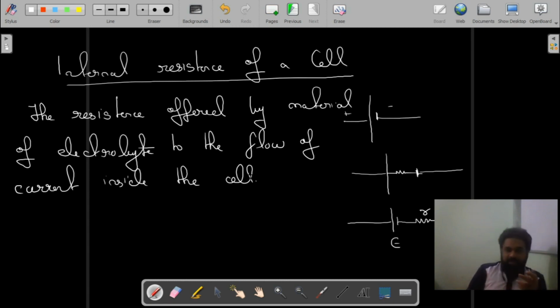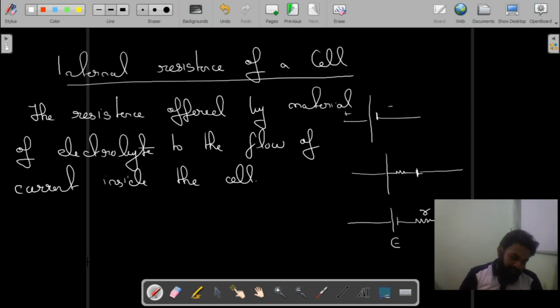Now while doing this, there are a lot of anions and cations in the electrolyte. These electrons will have to collide with them, and the same is the case with the positively charged particles also. So all that resistance created by the material inside the electrolyte to the flow of current is what? Internal resistance.